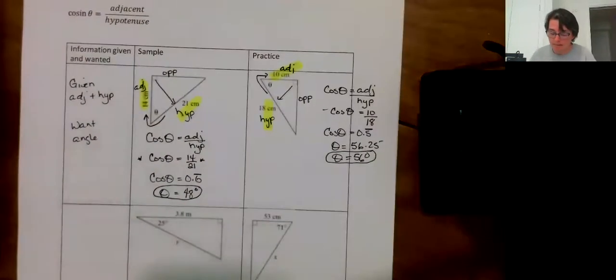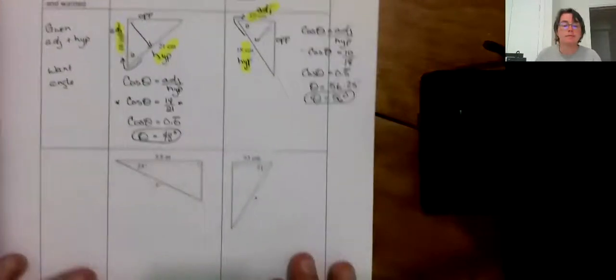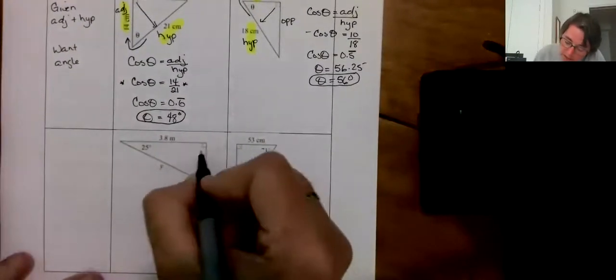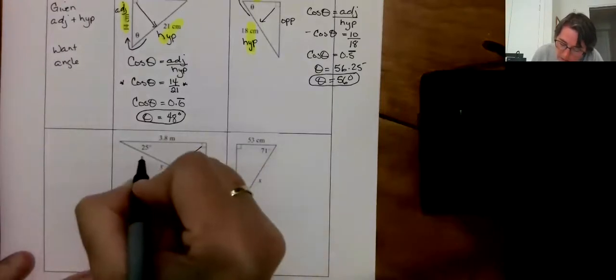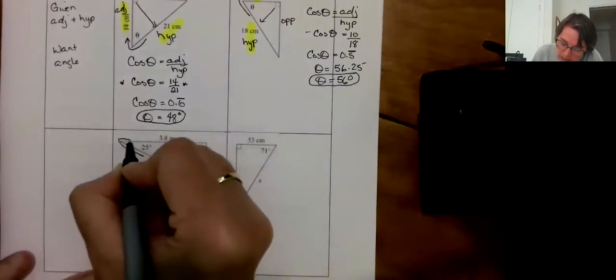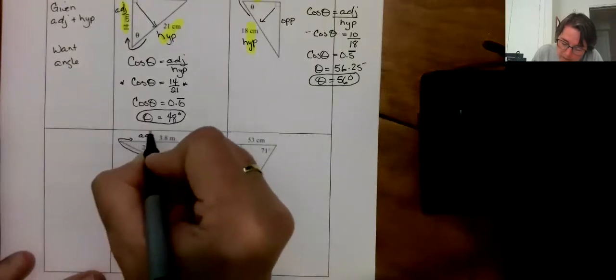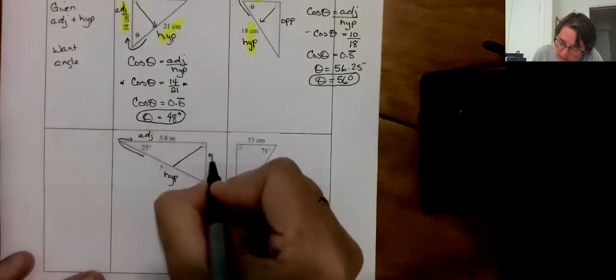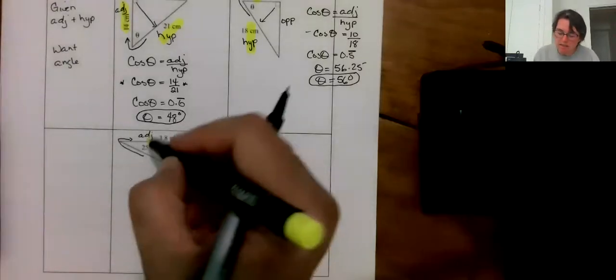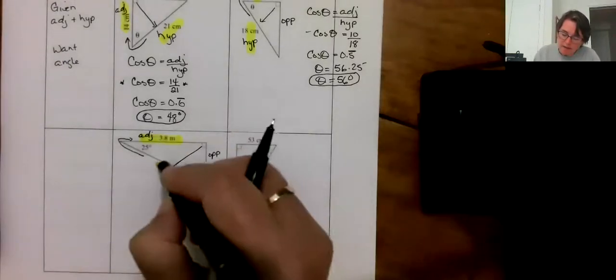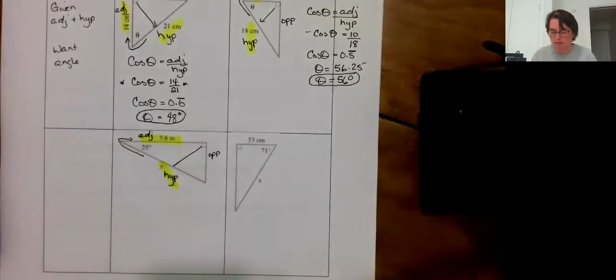Okie dokie. Let's take a look at this next set of two delightful questions. Here we go. There's my hypotenuse. Go around the corner with the angle, which makes this adjacent and this opposite. All right, what do we got? We have adjacent, and we are looking for hypotenuse. So I'm still in cos.